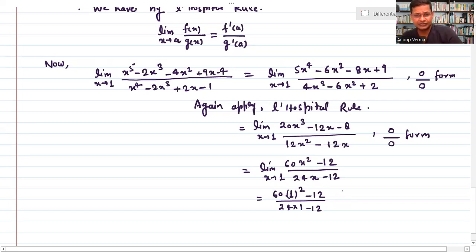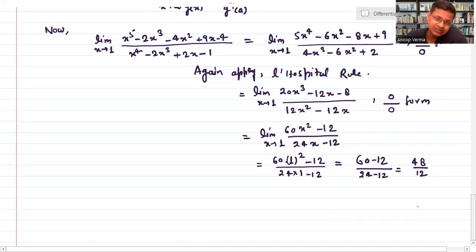Then 24 into 1. So 60 minus 12 is 48, divided by 24 minus 12, which is 12.